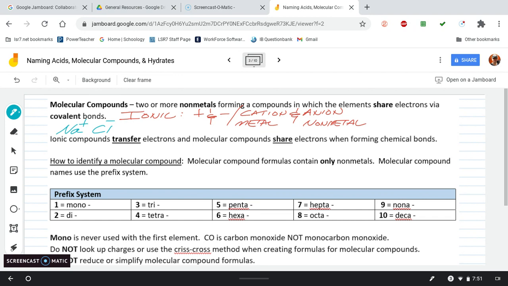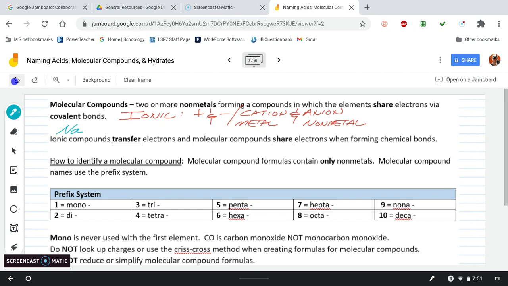So they actually transfer their electrons. Sodium gives 1 electron to chlorine. It's like, hey, have my electron. And so that's how the bond is formed. It's a transfer of electrons.